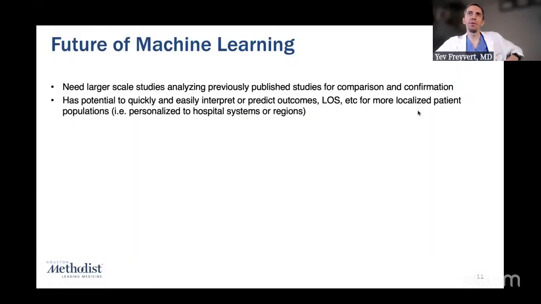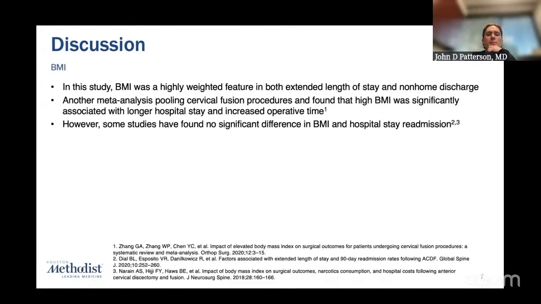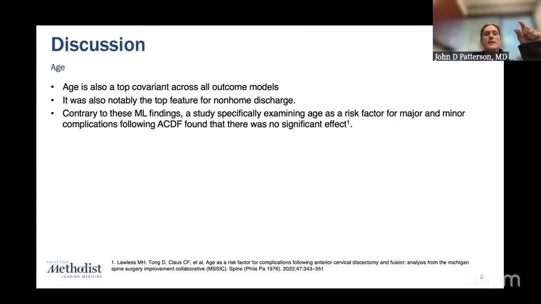JD, did they give any sense of the quality of data they were using? Like, how did they screen the data input? Yeah, so as far as selection, that went all off of CPT codes, but they did individually go in and manually look through all the cases and make sure that the CPT codes were billed correctly to the correct surgery.